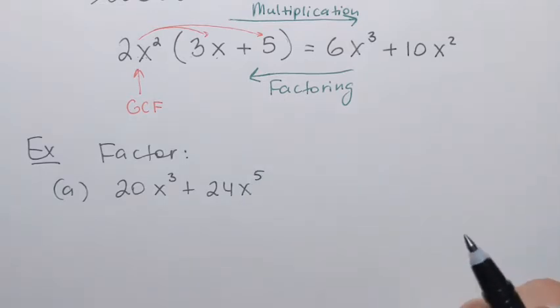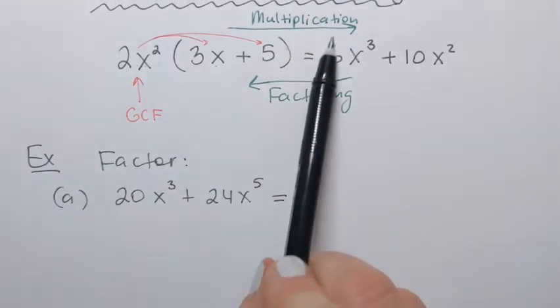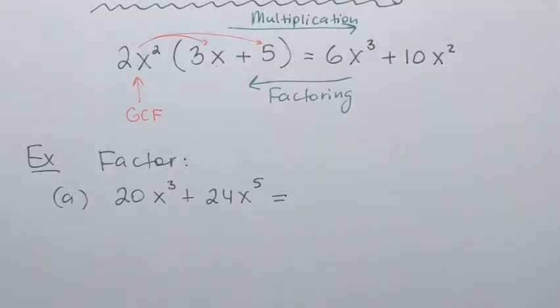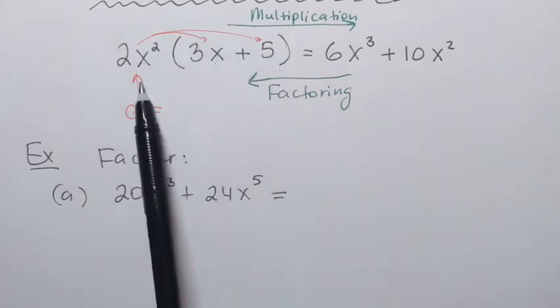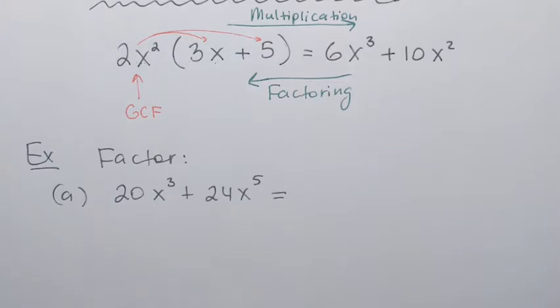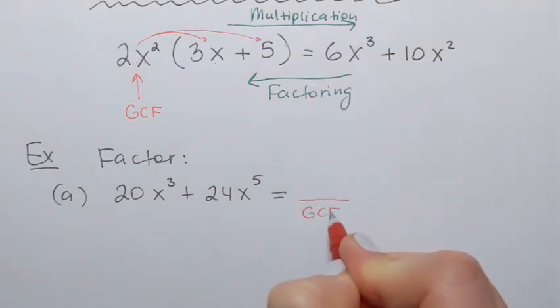Okay, and that's it. Two terms. See how it's similar to what we have here on the right-hand side? This kind of format, just a number of terms. Remember, this kind of expression is called a polynomial. So our goal is going to be to write it in this form. The first step will be to find the GCF. We're going to find the GCF and write it over here.